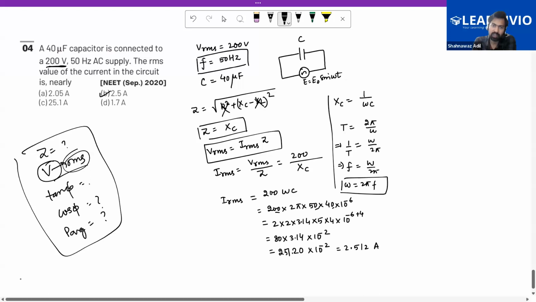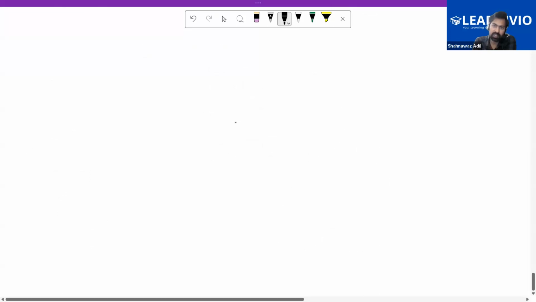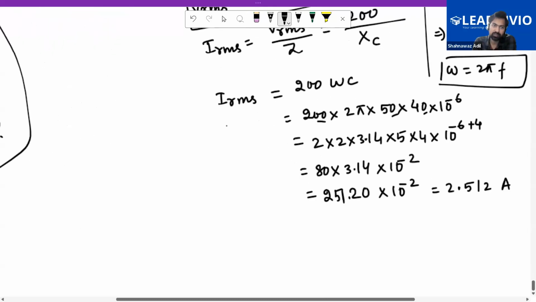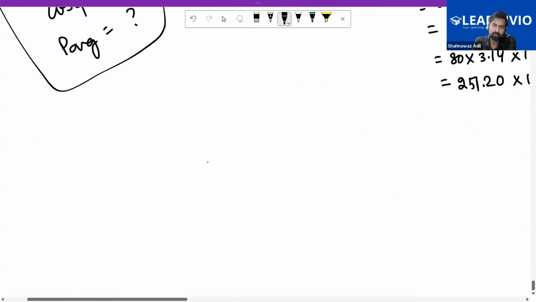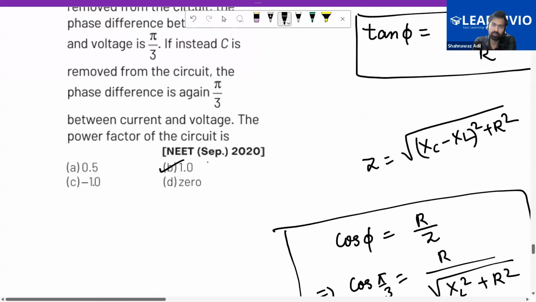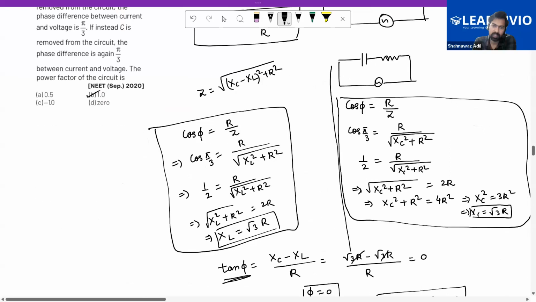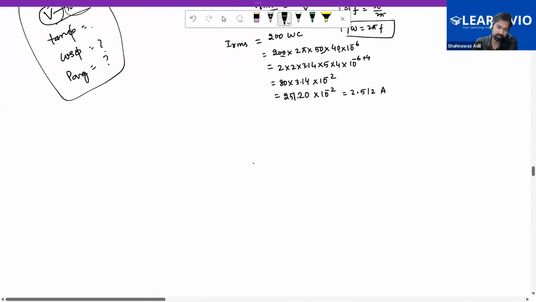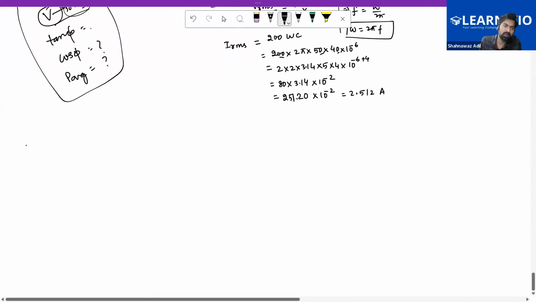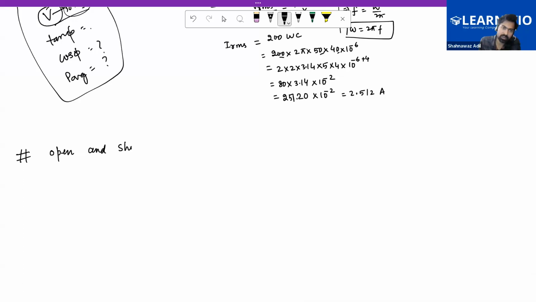Okay, noted. So now let us understand what is open and short circuit.